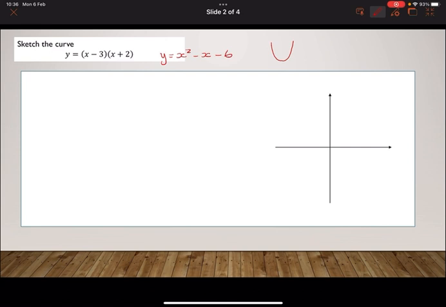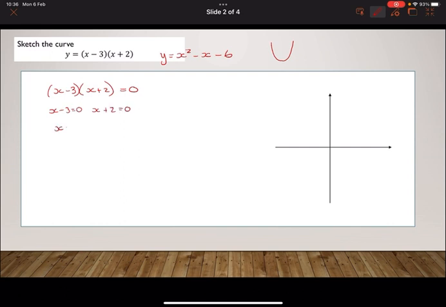The next thing I need to identify are any x or y intercepts. So in order to identify the x-intercepts, I'm actually going to solve the equation when it is equal to 0, when y is equal to 0. So in order to solve this, I'm going to make each bracket equal to 0 and then solve.